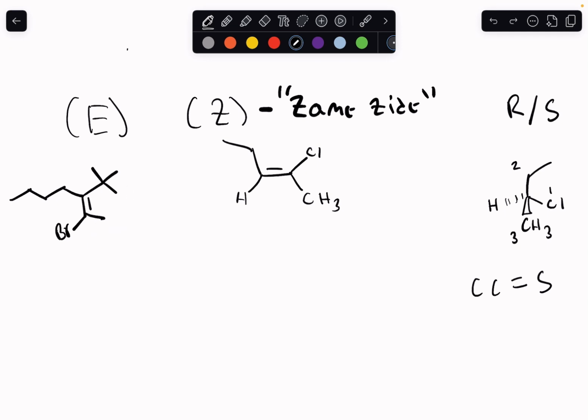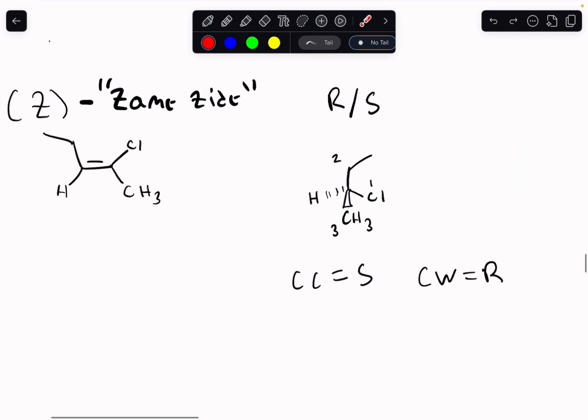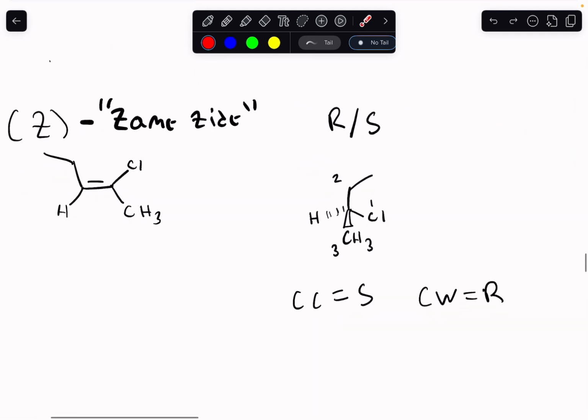But because the bromine is here, away from the bigger group, it's going to be E. So pretty much what you need to know is Z is when the two big groups are on the same side, and E is when the two big groups are on opposite sides. And done.